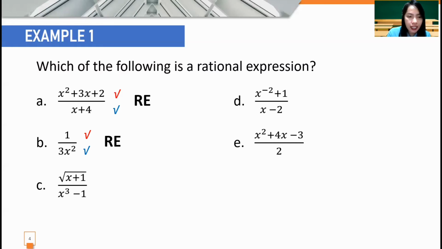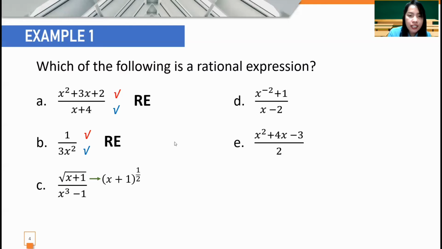For letter C, let's check one by one. So, dapat ang numerator polynomial, ang denominator polynomial para masabi natin na rational expression. Let's check this one. In the numerator, we have a radical sign. Under that, we have x plus 1. That can be written as the quantity x plus 1 raised to 1/2.